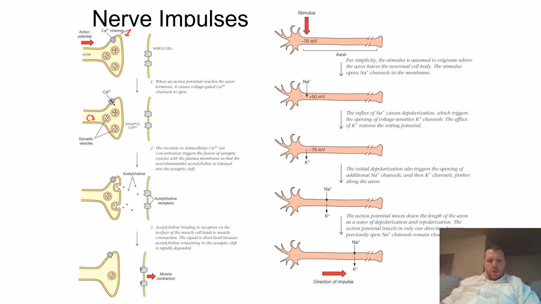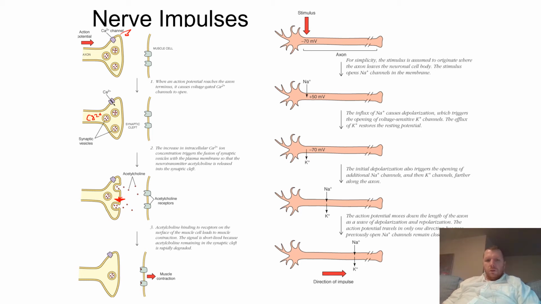So Ca2+. Okay, what that is going to do is cause these synaptic vesicles to merge with the plasma membrane down here, and those vesicles, as they merge, are going to release this acetylcholine.